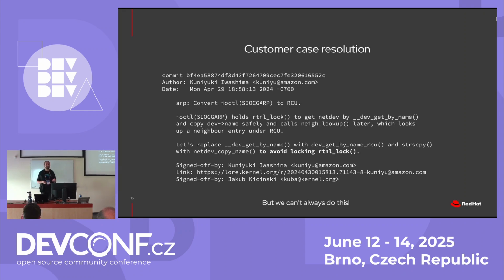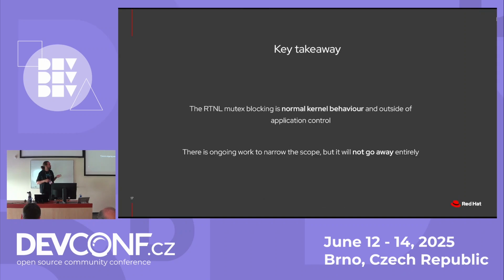So it's sort of an ongoing thing, but it will not go away entirely. Yes? Obviously the write operations are very hard to solve, right? But there are use cases where you do lots of reads. For example, in my use case, I'm reading the network statistics every millisecond, and if DNS is interfering with it, just solving the read-only path would be a big win because it wouldn't interfere.